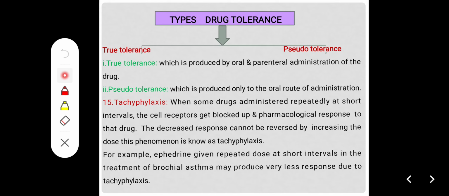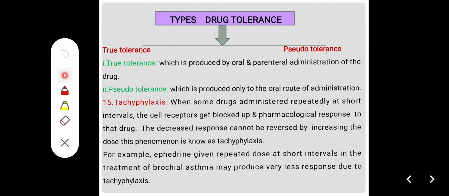For example, ephedrine given in repeated doses at short intervals in the treatment of bronchial asthma may produce very little response due to tachyphylaxis. In tolerance, when we increase the dose, the drug shows its pharmacological action. But in tachyphylaxis, once the receptor is blocked, increasing the dose again and again does not increase the pharmacological action. This is the basic difference between tolerance and tachyphylaxis.